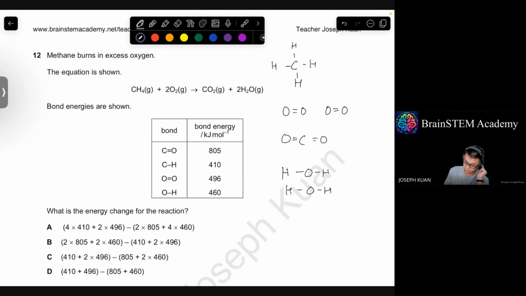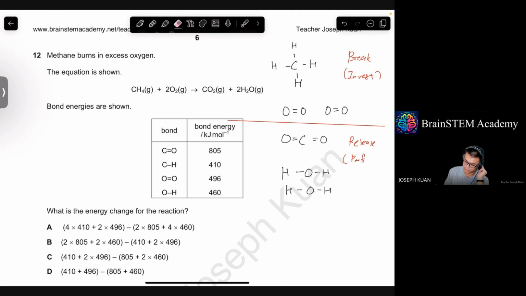All right, so the reactants, you need to break the bonds, which is an investment. For this part it releases energy. So this is the profit, revenue, should I say. So let's just see. This one will be 410 multiplied by 4. This one will be 496 multiplied by 2.